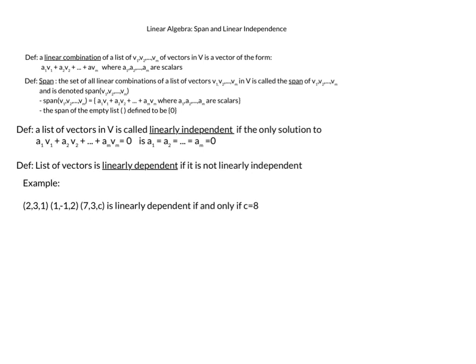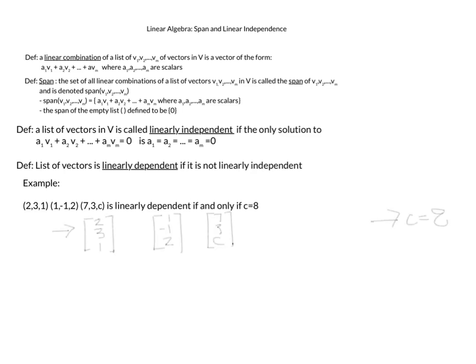Another example uses those same three vectors, except with the c here. These three vectors are linearly dependent if and only if c is equal to 8. And in our last example, c was equal to 8. This proof has two parts because of the if and only if.